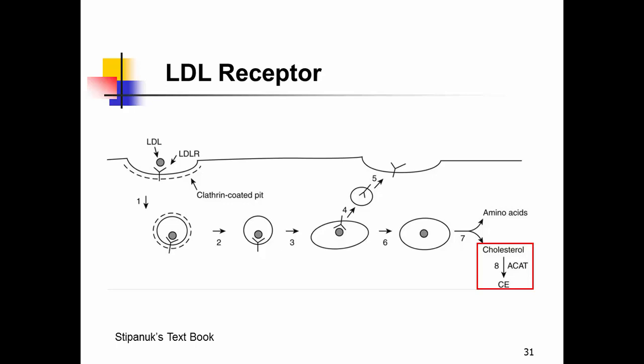Once cholesterol is released in the free form from the LDL, it can be re-esterified back to cholesterol ester and stored inside of cells, right? It is used to refresh the membrane structures, or for other functions. So we need cholesterol, but again, we don't need too much cholesterol, right?